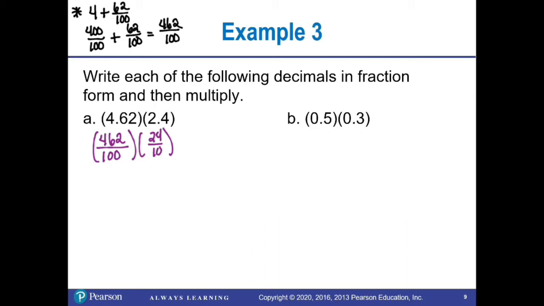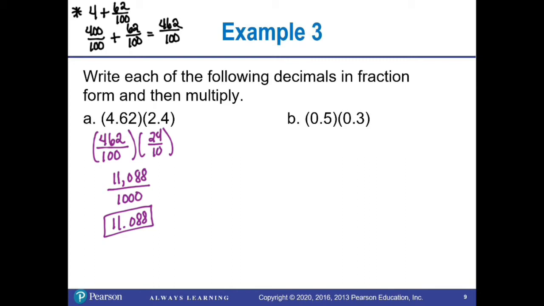I used my scratch paper to multiply 462 by 24, and I got 11,088. 100 times 10 is 1,000. I have 11,000 divided by 1,000 is 11, and I still have those 88 thousandths left, so that would be 11.088.